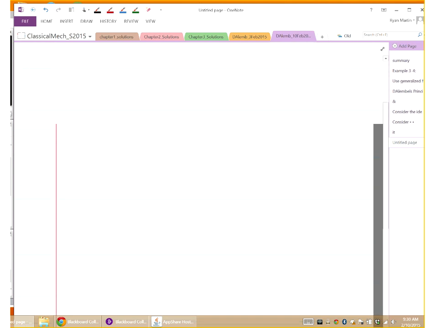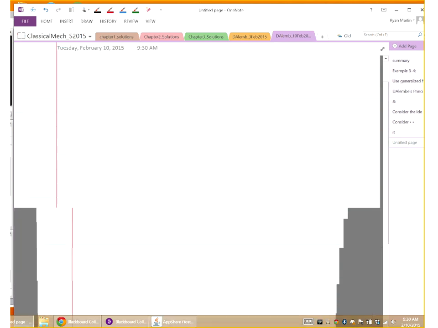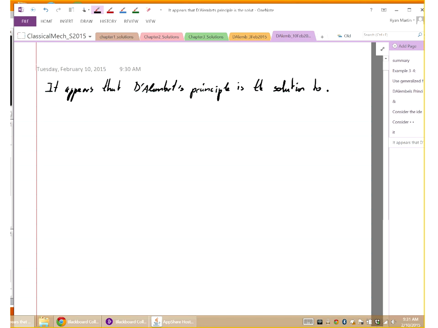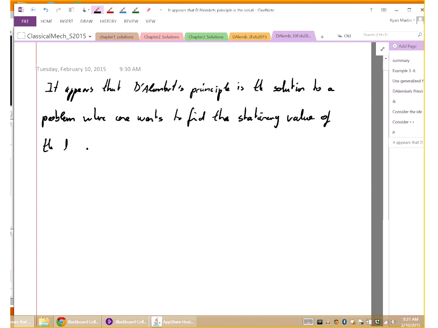So let's put that in a sentence. So it appears that D'Alembert's principle is the solution to a problem where one wants to find the stationary value of the kinetic energy.